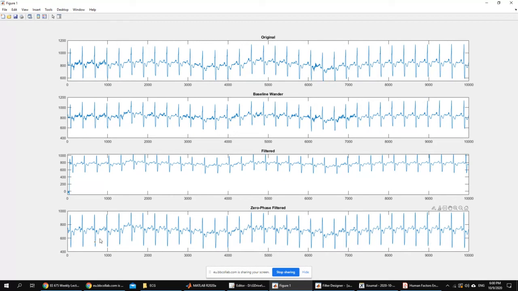Do you understand how to do that? Any questions about how to do that? You should try that exact same procedure with IIR and frequency domain.